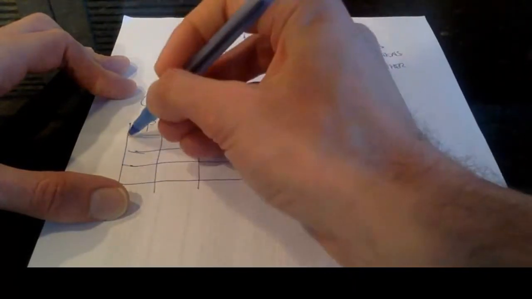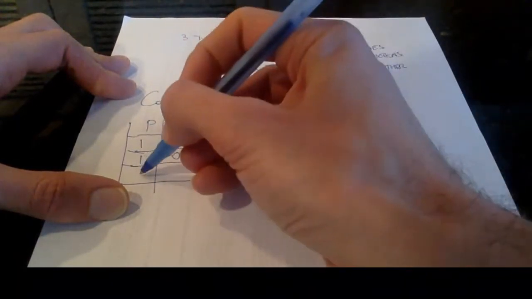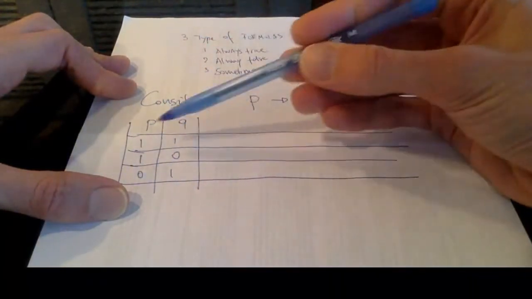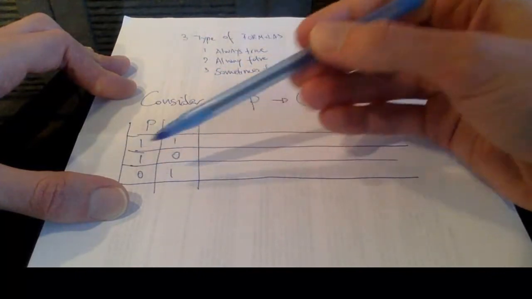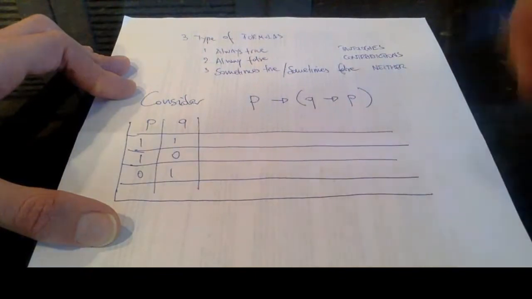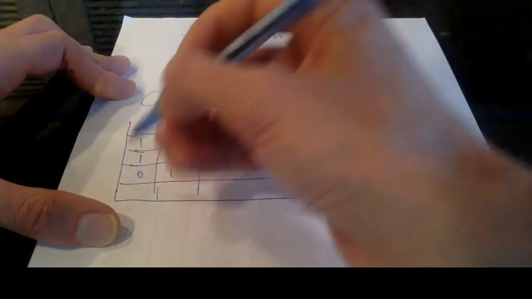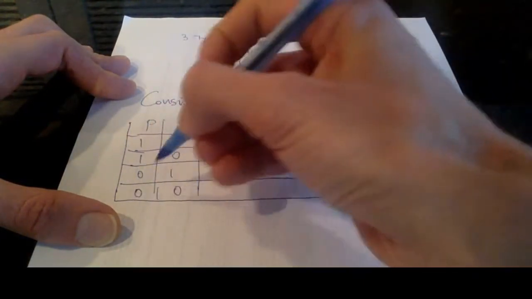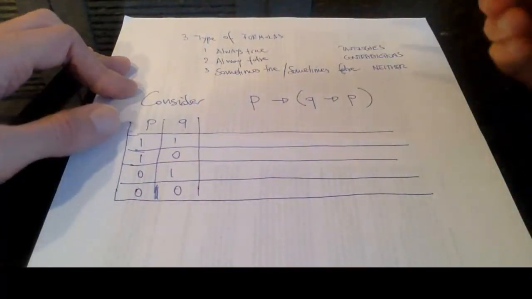They can be both true, one true and one false, either P true and Q false, or P false and Q true. And then finally, another combination is that they are both false. So these are all the possible combinations.